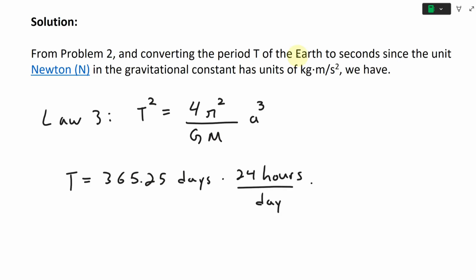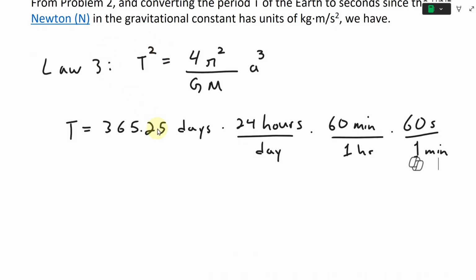But there are also 60 minutes in 1 hour, and then 60 seconds in 1 minute. So basically what we end up having is 365.25 times 24 times 60 times 60.